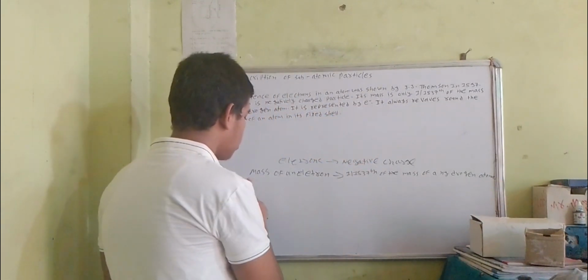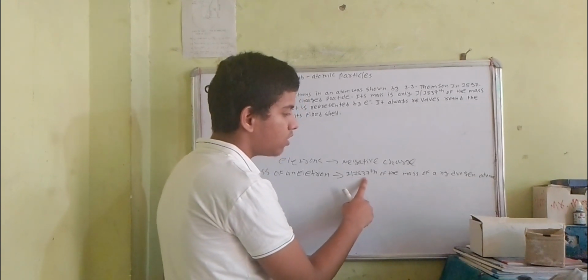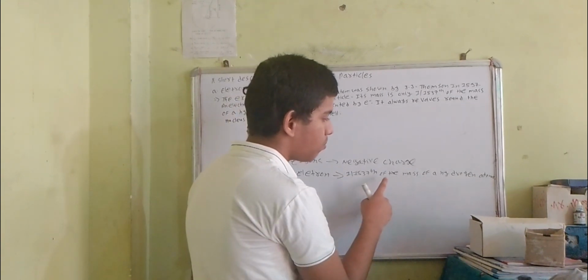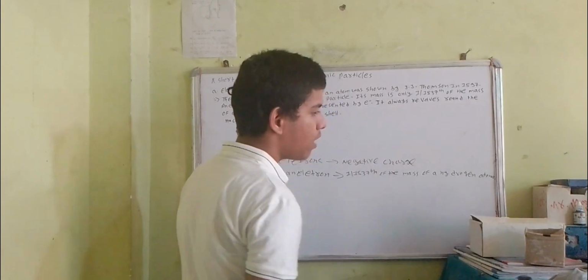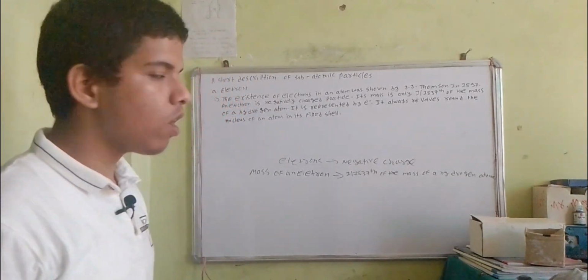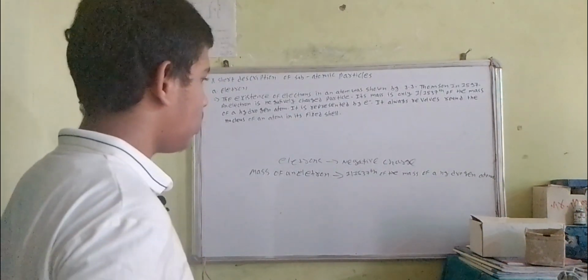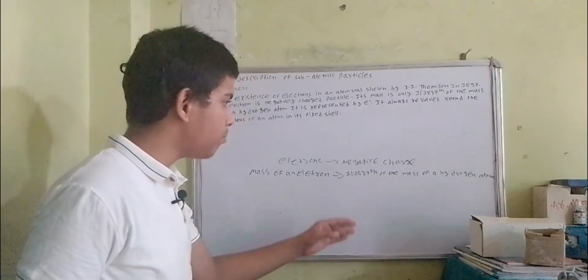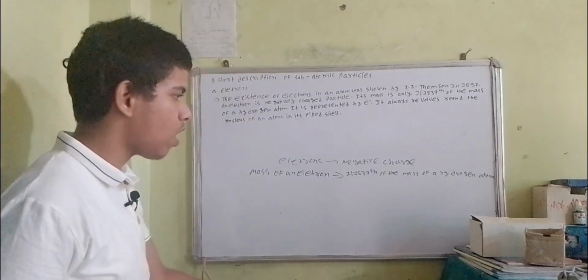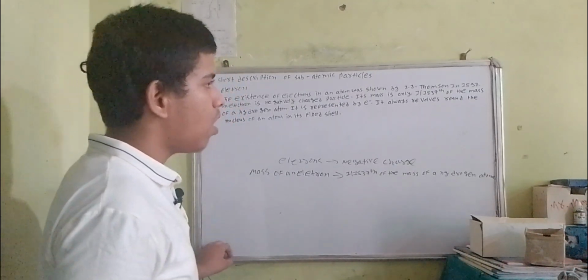Okay, so here its mass is only about 1/1837th of the mass of a hydrogen atom. You have to remember this. Maybe it will get asked in your exam, so you have to choose this correct answer. Its mass is 1/1837th of the mass of a hydrogen atom.